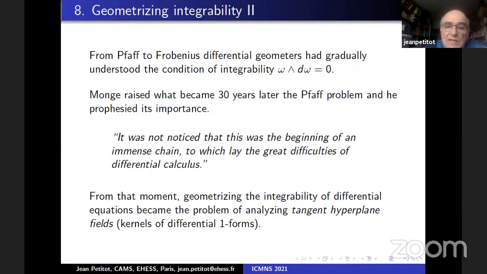Quotation: it was not noticed that this was the beginning of an immense chain to which lay the great difficulties of differential calculus. And from that turning point, geometrizing the integrability of differential equations became the problem of analyzing tangent hyperplane fields, kernels of differential one-forms, contact forms, etc.